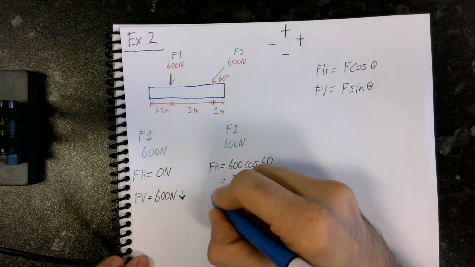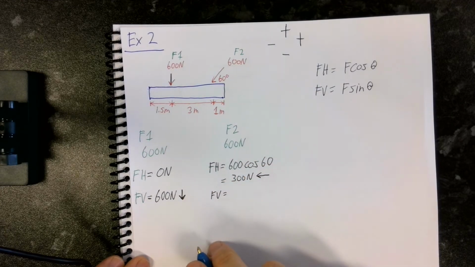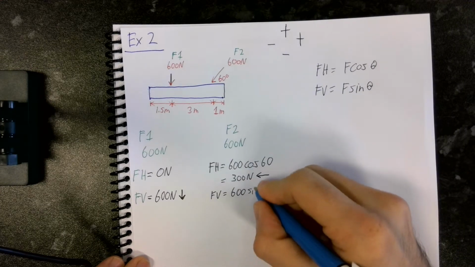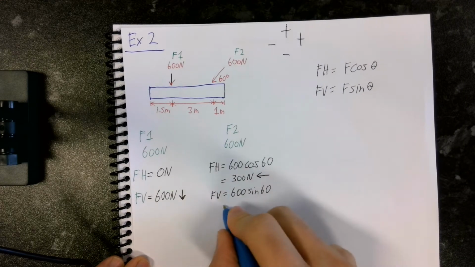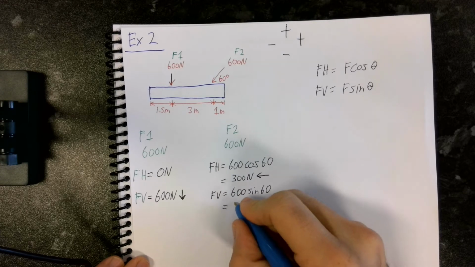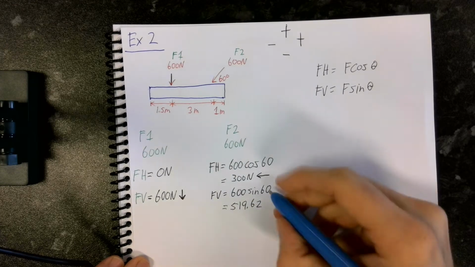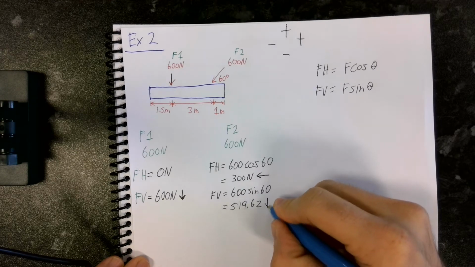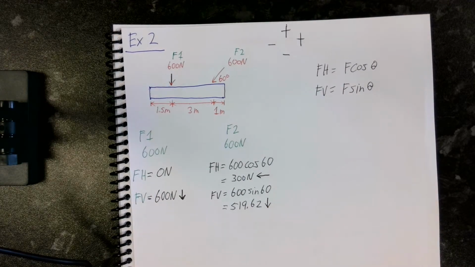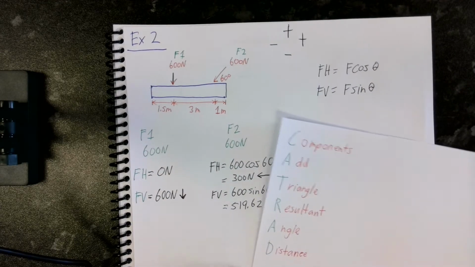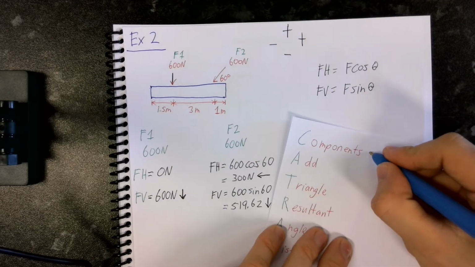Force vertical, what do we have? 600 again. This time we're using sine 60. Type that in, 519.62. Again, it's a negative, it's going down, so you put in your arrow. Okay, it's good. If we have a look at our little chart here, components, give that one a tick.